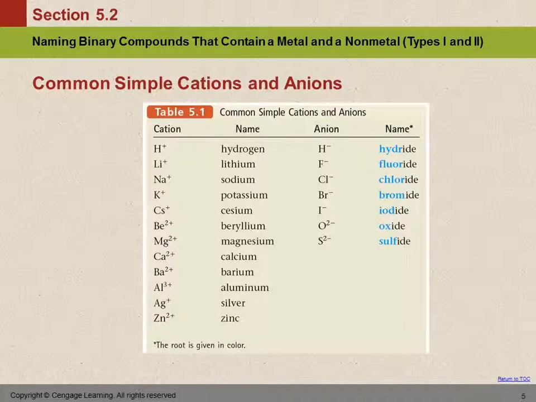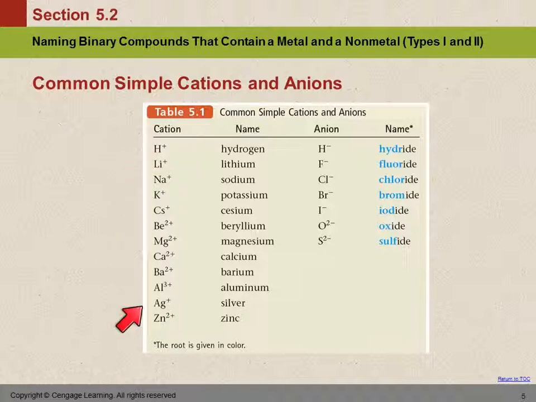So here are some of the simple cations and anions. If we look here, we see that all of these cations, remember cations are positive, all the cations except for hydrogen are metals. Hydrogen's got to be an exception. He's the baby brother. He's got to break all the rules. So hydrogen can form a cation.